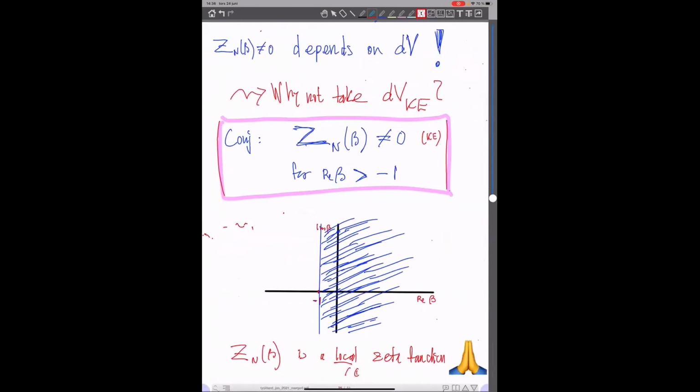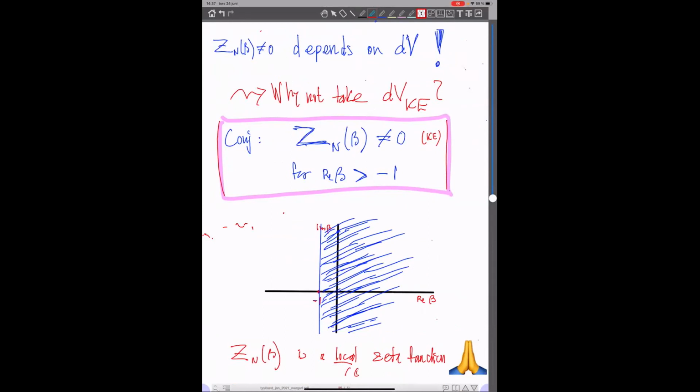So then I have a much stronger conjecture or hypothesis, or well, it's conjecture, wishful thinking, that for the Kähler-Einstein metric, when you write down this zeta function in terms of beta, my conjecture is that when the real part of beta is strictly bigger than -1, that's the region we're interested in, there are actually no zeros at all.